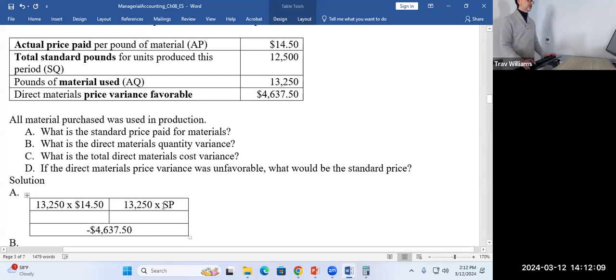So if we need to figure this out, the way we're going to do it, we're going to start over here, calculate that number, then based on the variance, figure out what this number is, and then we'll be able to figure out the standard price. So we're kind of backing into it, okay?